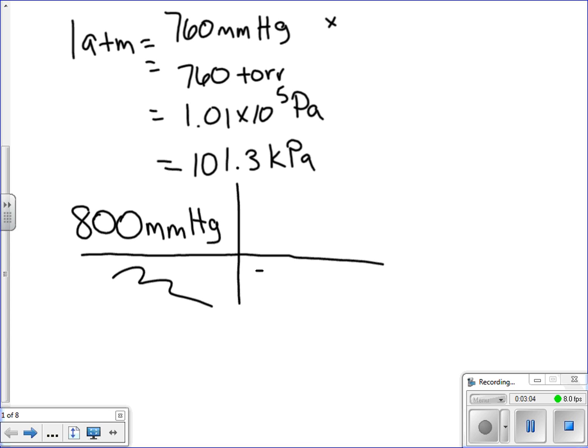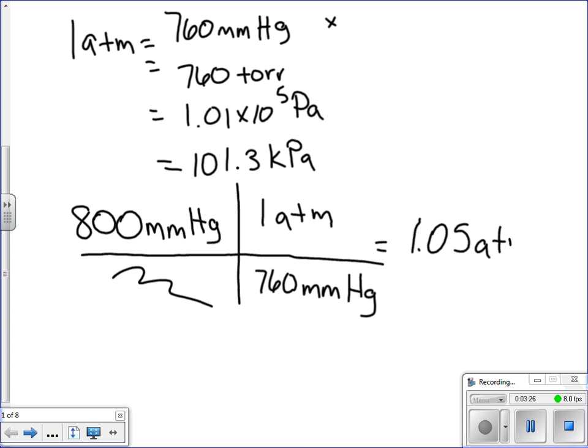So we're going to put 760 millimeters of mercury on bottom, so it'll cancel out. We will put 1 atmosphere on top, and then you're going to get out your calculator and divide your 800 by 760, and you get 1.05. So then in your problem, instead of using 800 millimeters of mercury, you're going to use 1.05 atmospheres.